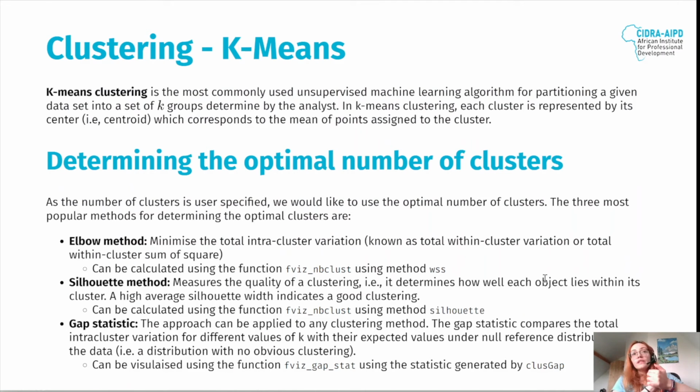So for the model that we're gonna apply, we're gonna use k-means. K-means is the most commonly used unsupervised machine learning algorithm for partitioning a given data set into a set of k groups. That's why it's called k-means, for k groups.